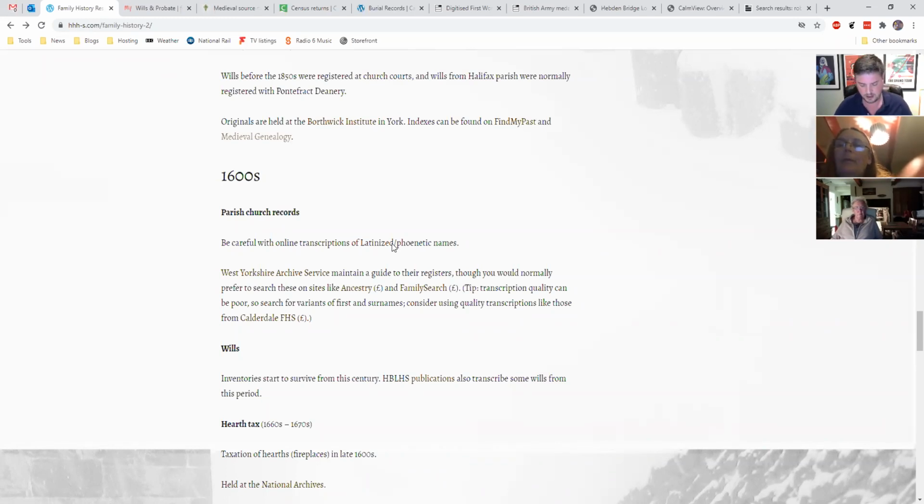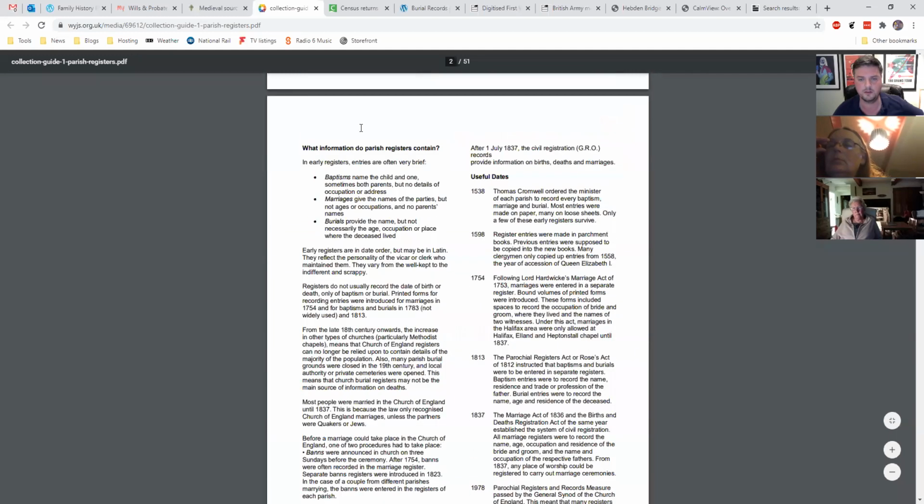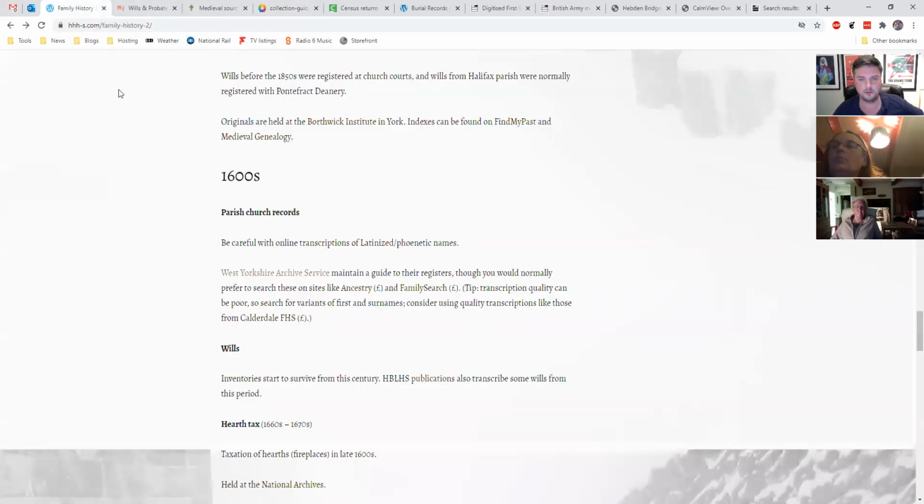West Yorkshire Archive Service has a nice guide to parish registers where you can find them. Heptonstall's are available online, on Ancestry and FamilySearch.